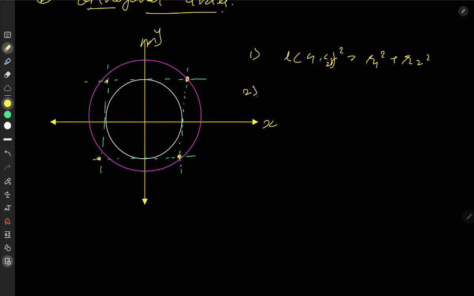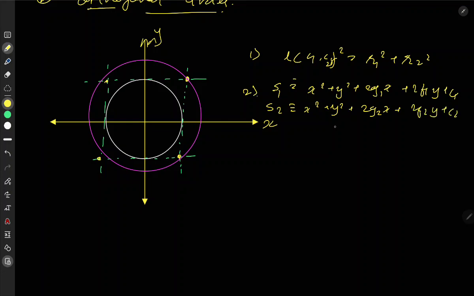Second thing, the equations of the circles are S1 equals x square plus y square plus 2g1x plus 2f1y plus c1, and S2 equals x square plus y square plus 2g2x plus 2f2y plus c2. Then the condition looks like 2g1g2 plus 2f1f2 is equal to c1 plus c2.